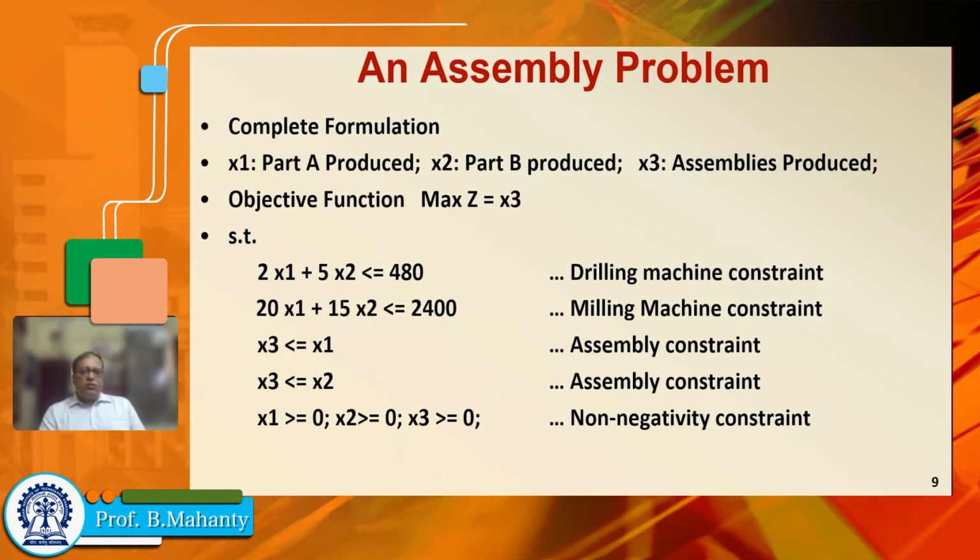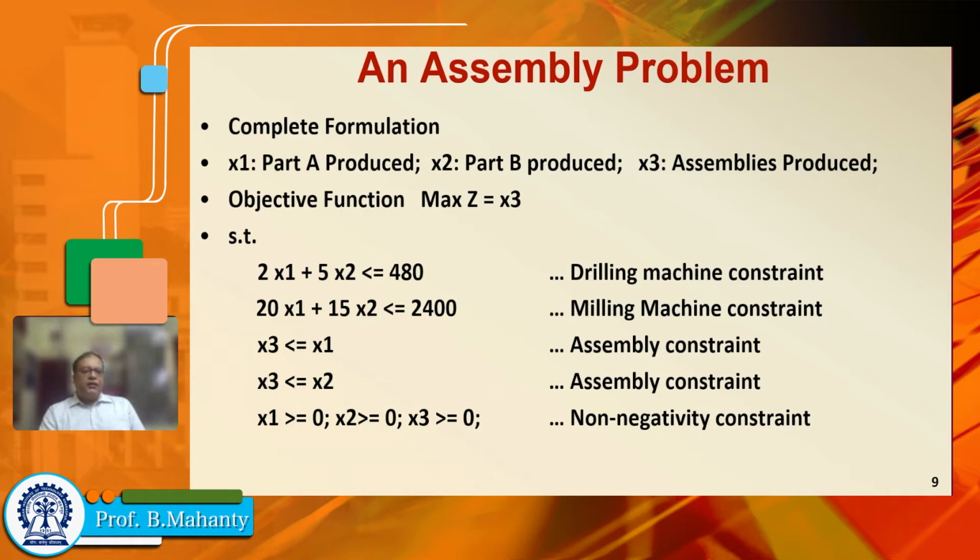Now we have already formulated the problem. Let us see how to solve it. In order to solve the problem, first we have to have the augmented problem. For that, we should not have any variable on the right-hand side. So x1 and x2 we must bring to the left-hand side.